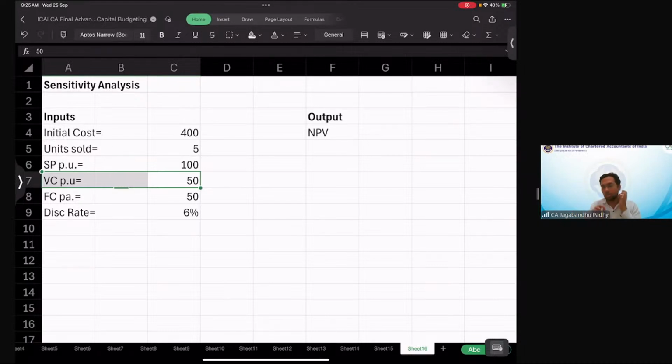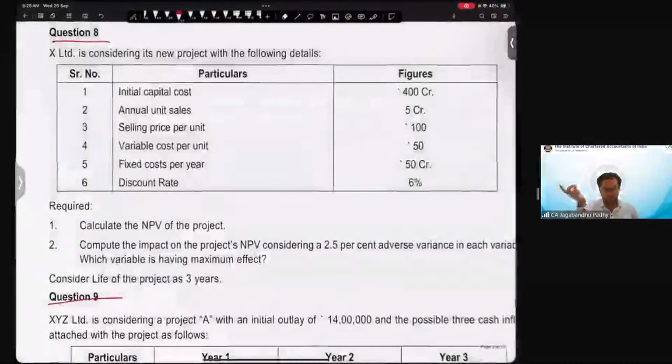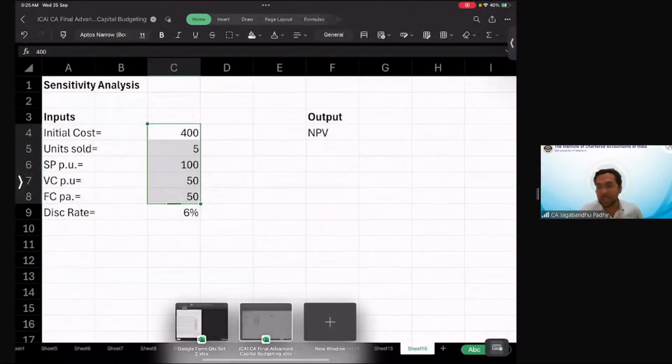Right, guys? So our objective here is to identify which of these inputs, initial cost, annual sales, selling price, variable cost, fixed cost, has a greater degree of impact on the NPV calculation.